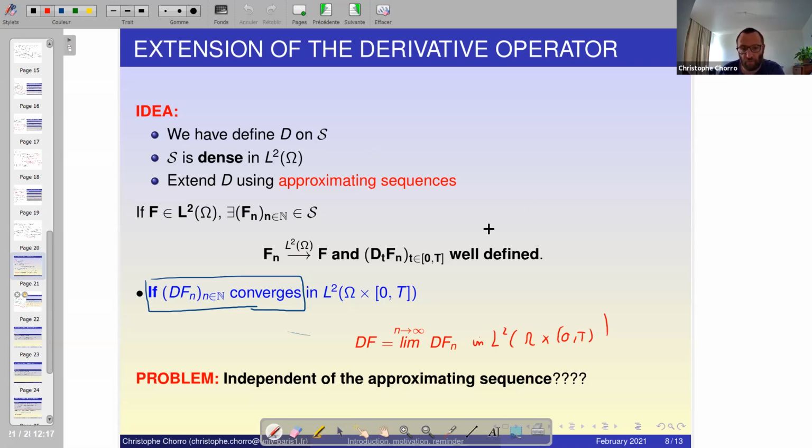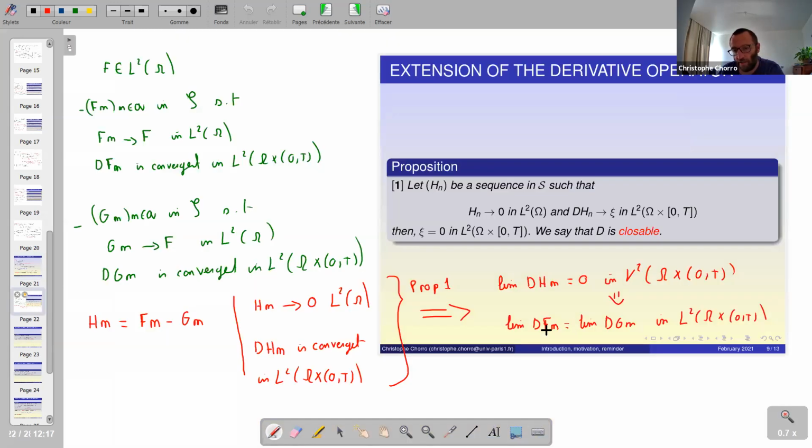It's exactly what I have proved here. The limit is the same for two different approximating sequences fulfilling the same kind of hypothesis: approximation of F in L2 with the sequence of the derivatives convergent.